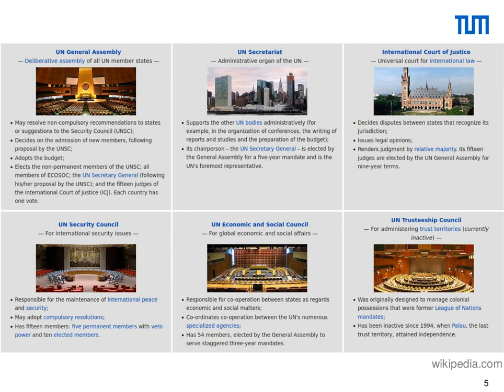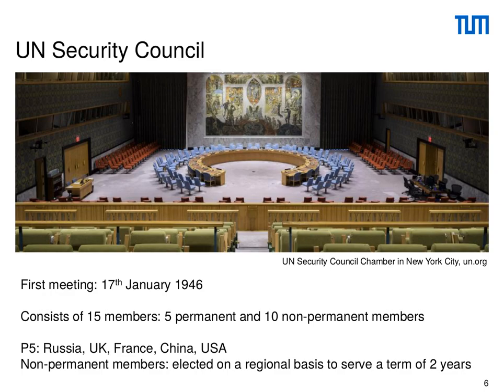But of the remaining 5 institutions, you might have heard before. I'm quite sure you have heard of the International Court of Justice, which is located in The Hague in the Netherlands. And from these organizations, the United Nations Security Council is surely the most visible of the United Nations institutions.